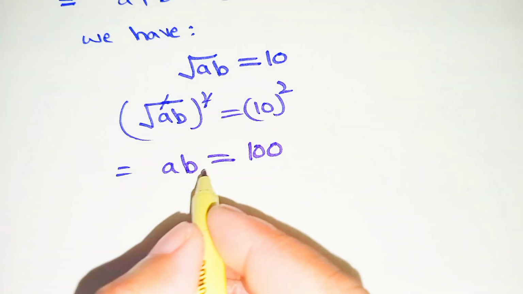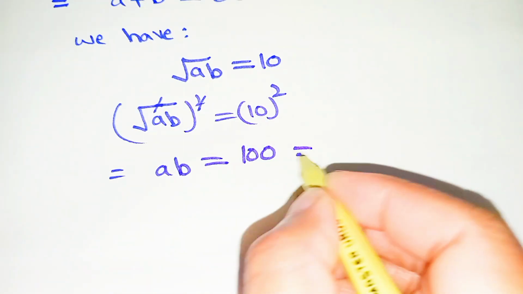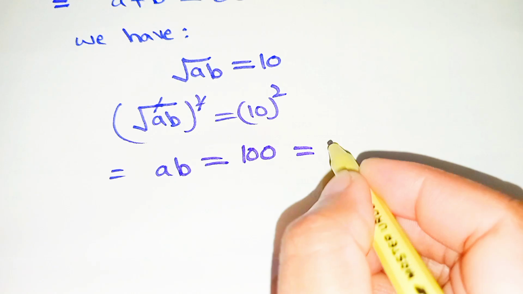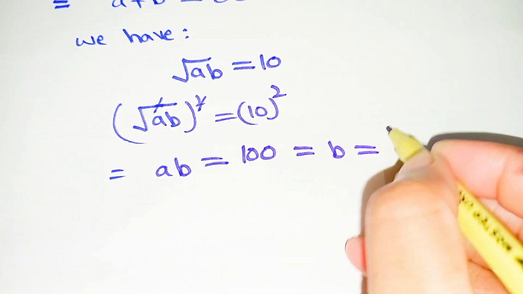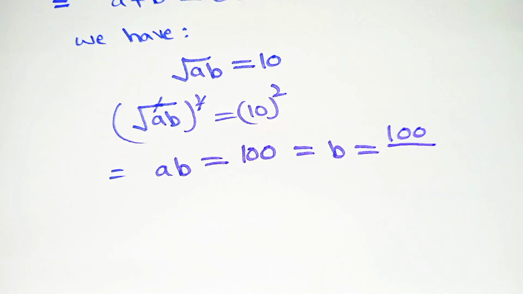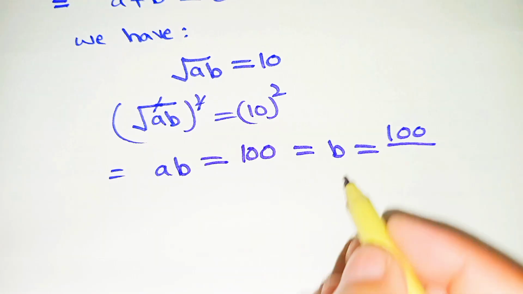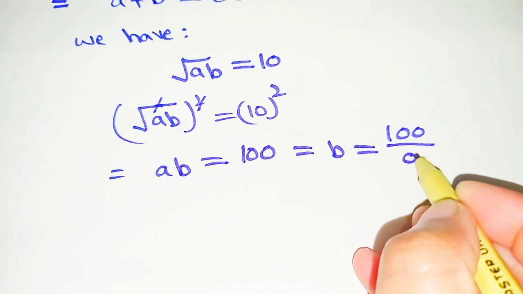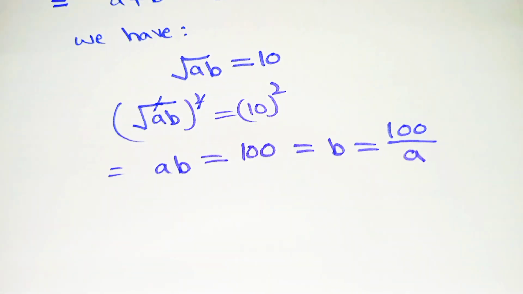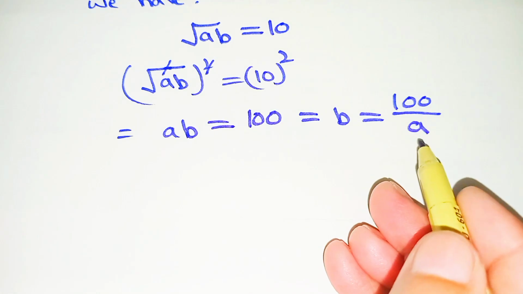So b is equal to 100 over a, and here the value of b is 100 over a.